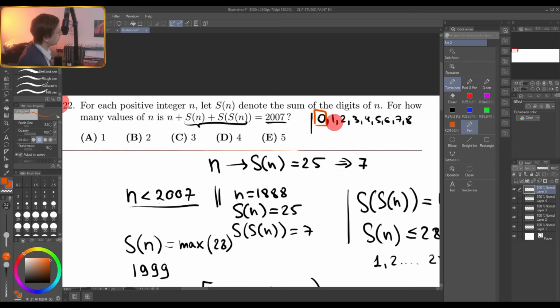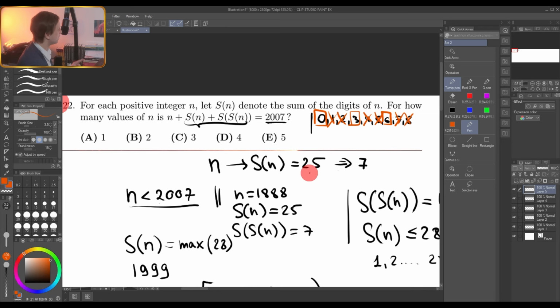If n has a remainder 1, then this has remainder 1, 1, 1, which is 3, but we need remainder 0, so this doesn't work. For 2, 2, 2, 6 doesn't work. For 3, 3, 3, 9 is divisible by 9, so 3 works for us. 4, 4, 4, which is 12, doesn't work. 6, 6, 6 works for us, as it is 18. 7, 7, 7, 21, is not divisible by 9, and 8, 8, 8, 24, doesn't work either.